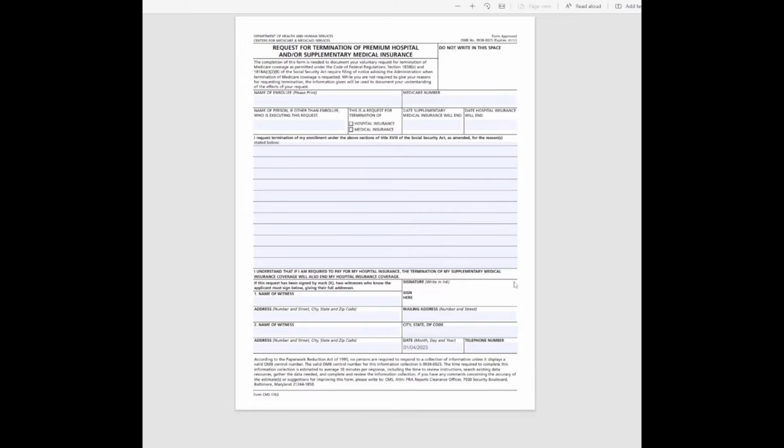So again, going back to our example, you filed your claim for Medicare, let's say A and B, at the beginning of December, but then December 31st you mail them this form and say, no, I don't want it.